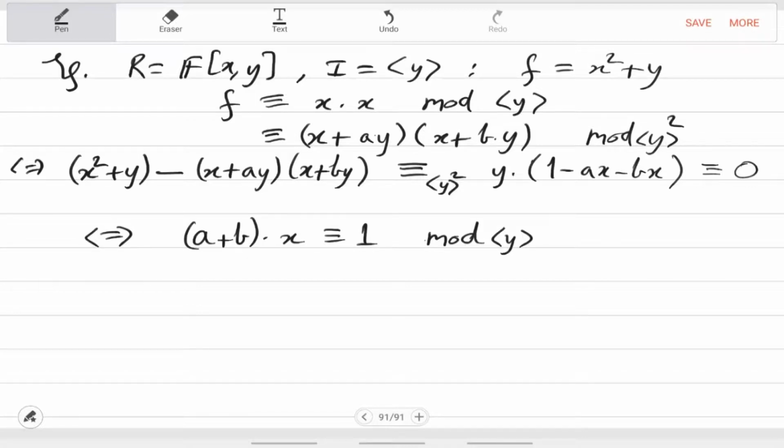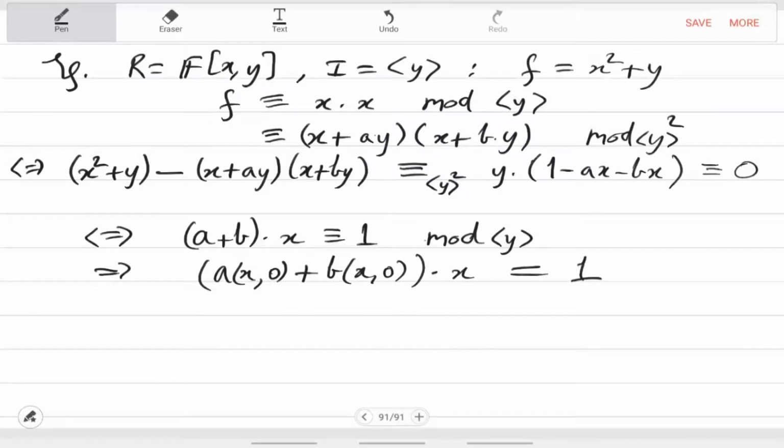And so can this happen? Can there be bivariate polynomials a and b such that this thing happens? So this is a at x comma 0 and this is b at x comma 0, times x should be equal to 1.